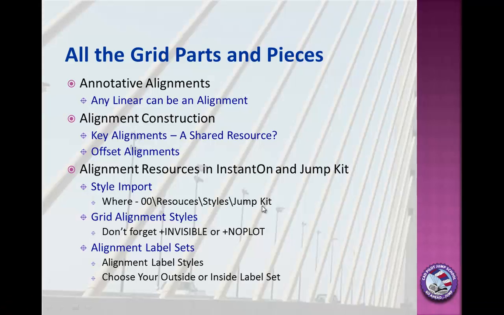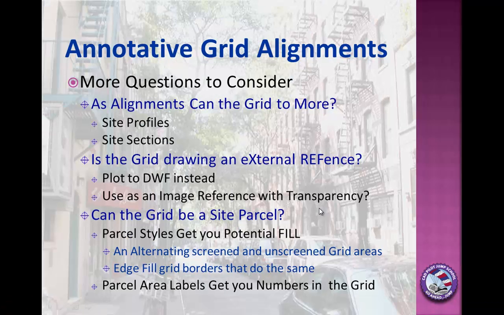And we're going to hop back over, and there are a couple other things to consider here. Now that we have this idea of an annotative grid alignment, there are a number of things that we can do with that. As alignments, every single one of those grid alignments can do more. Each one could create a site profile or a set of site sections. We have all the snap locations for the sample lines and sample line groups.